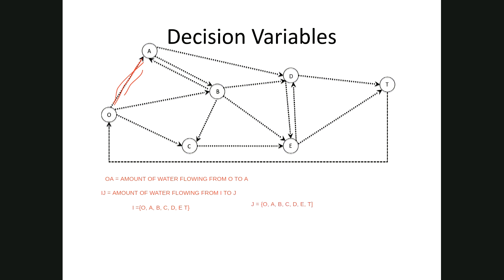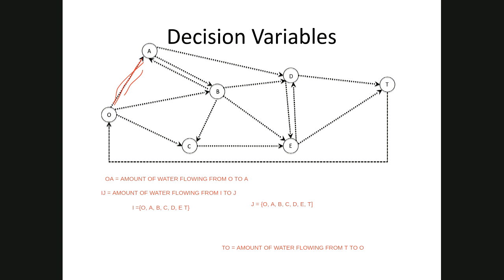Notice too, we have this new path T to O, which is the amount of water flowing from T to O. Right? So this is the definition of our decision variables.